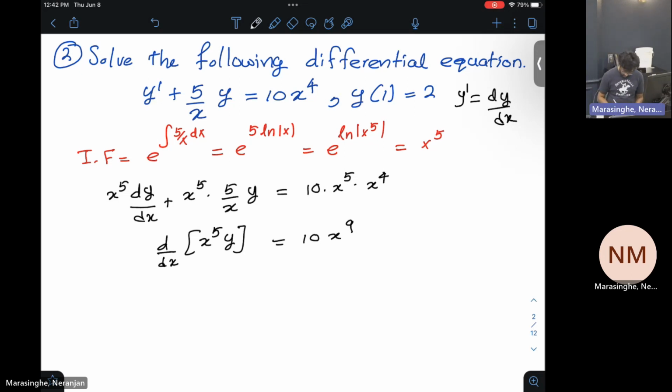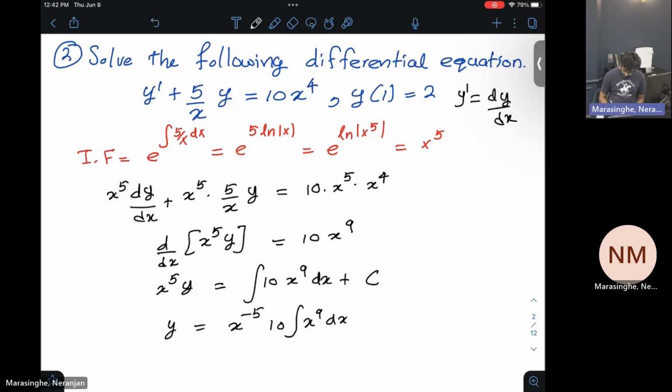So x to the power 5 times y is equal to integral of 10 times x to the power 9 dx plus c. Then I would multiply both sides by x to the power negative 5. Then I would get y equals x to the power negative 5 times 10 times integral of x to the power 9 dx plus c times x to the power minus 5. Let's evaluate the integral.